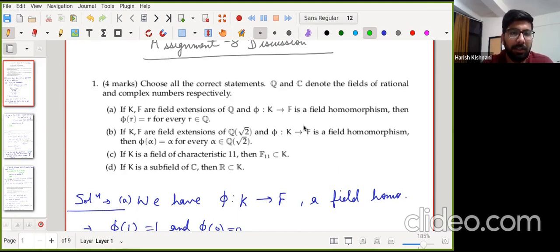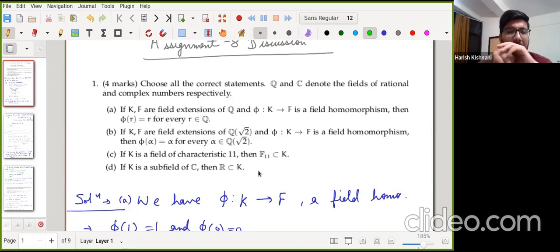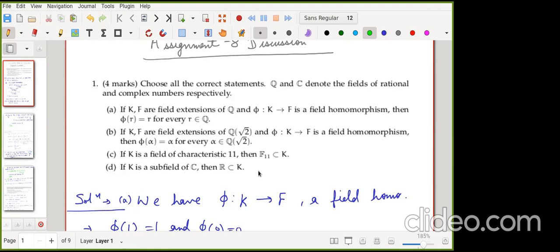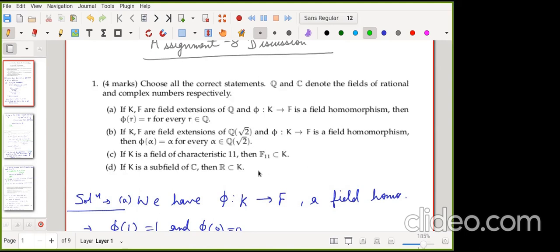Let's quickly go to the questions. You need to read this question, and you already know that any field extension fixes Q, right? Normally, in the assignments, problems are different from what they have discussed in the lecture. That is mostly the case. And then in the examination, it is entirely different. But I don't know about the NPTEL exam, let us see.